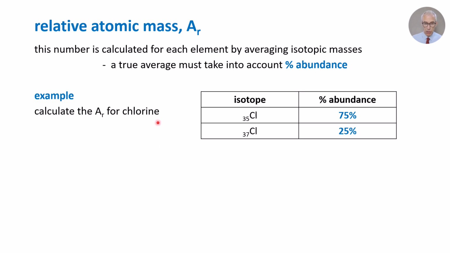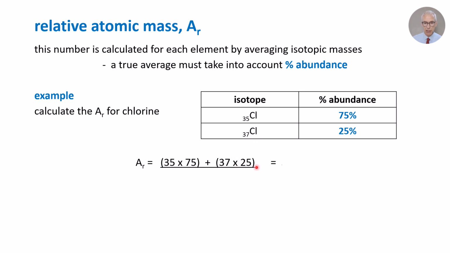So a question may ask, most simply, calculate the relative atomic mass for chlorine. Well, we do 35, the mass of the isotope, times the percentage abundance, plus 37 times the percentage abundance.